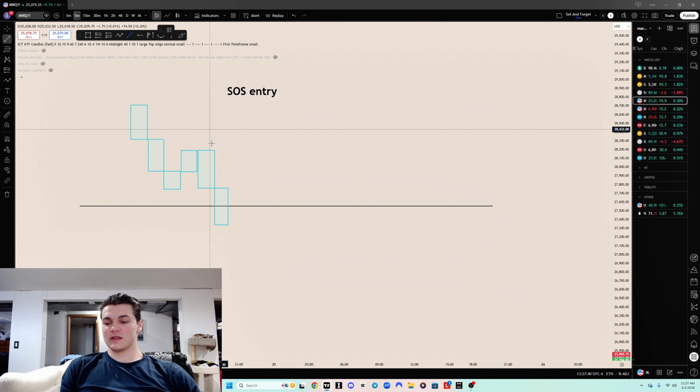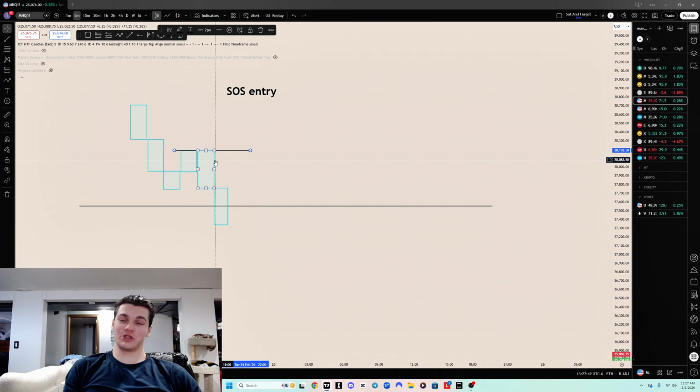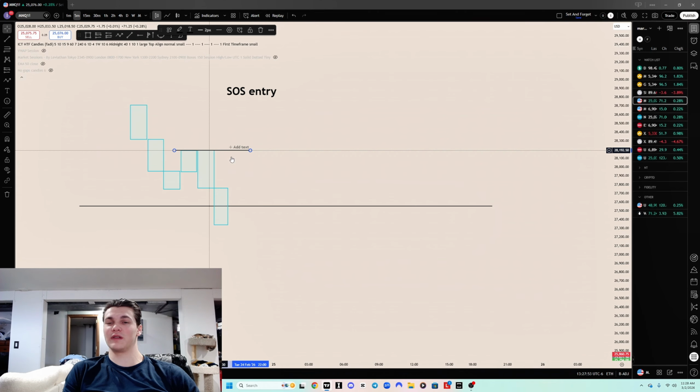Here, wicks don't matter. The shift of structure entry is not about the wicks, it's the bodies of the candles. So candles are closing lower, you finally tap into your POI.